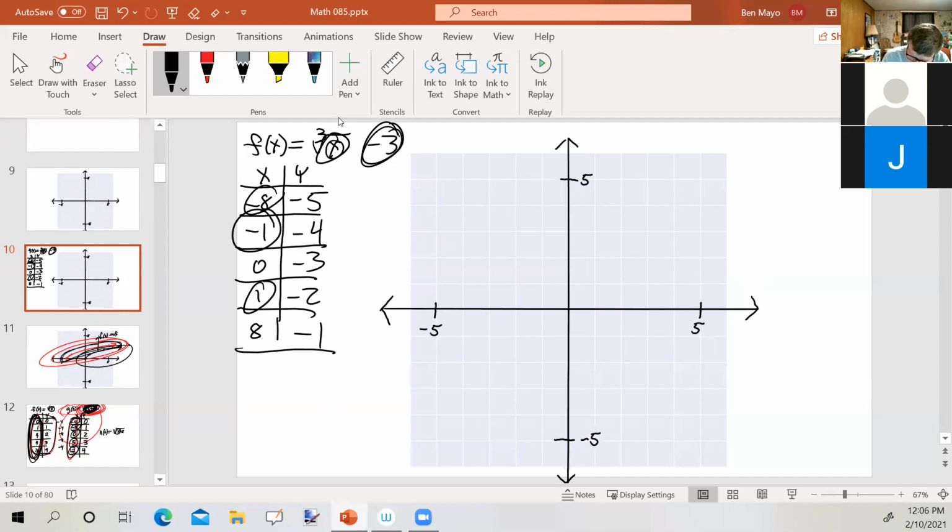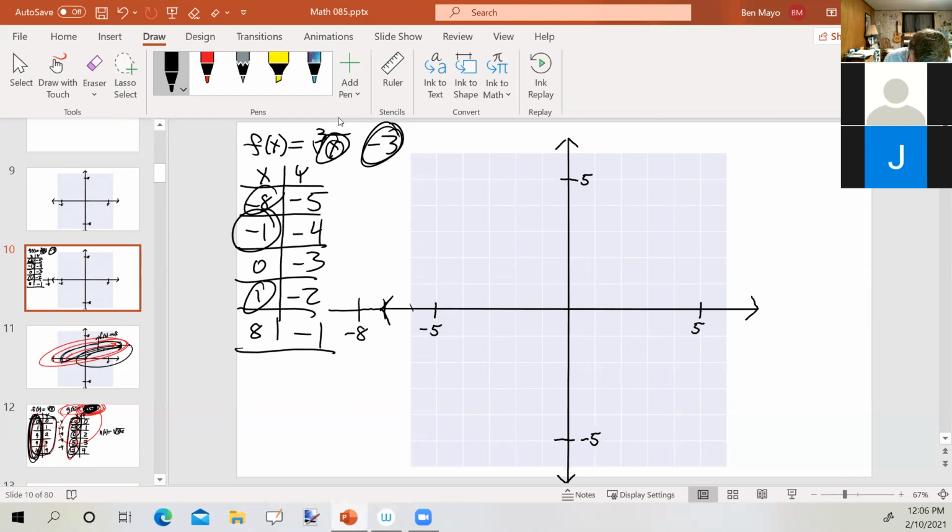Okay, let's see here. I'm going to extend my graph out just a little bit further here. 5, 6, 7. So -8 would be about there.